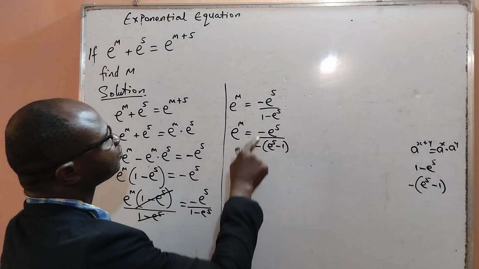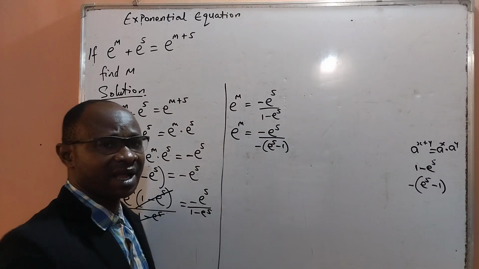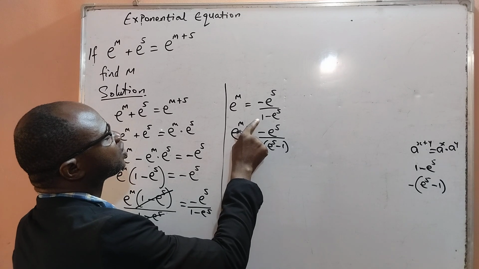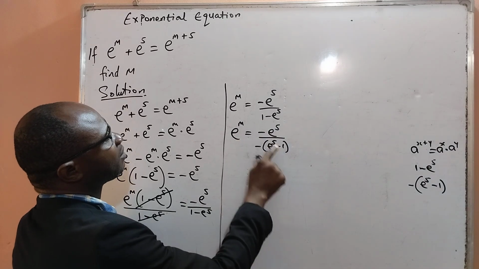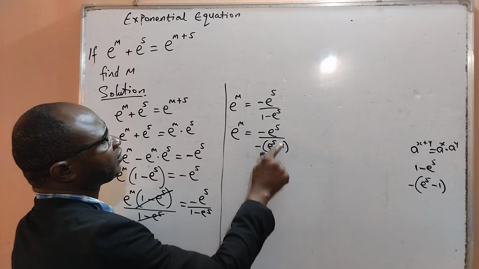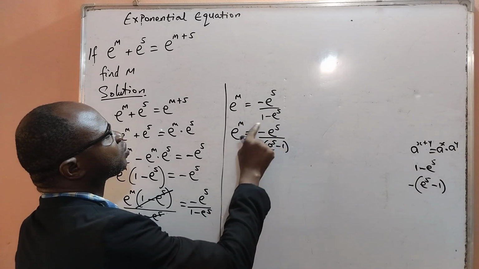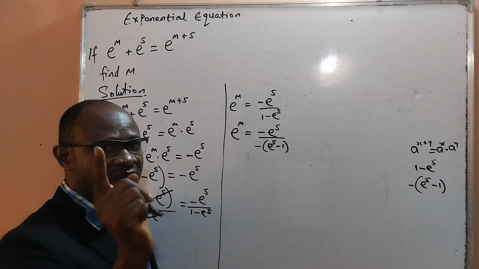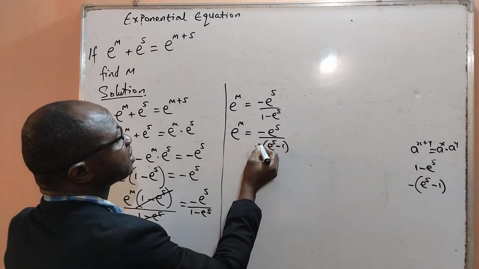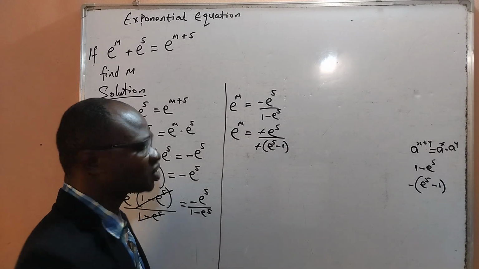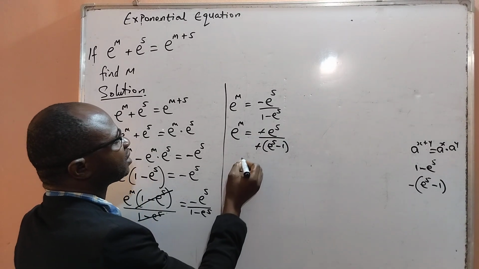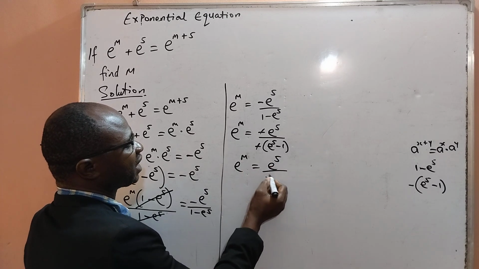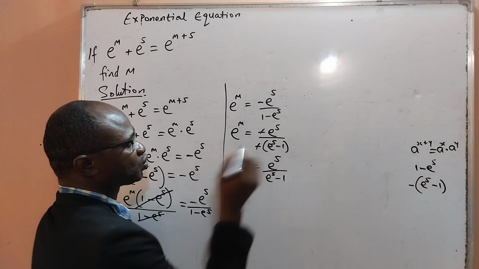What have I done? I multiplied everything at the denominator by a negative sign. So minus 1 times 1 will give me minus 1, and minus 1 times minus e raised to the power 5 will give me plus e raised to the power 5. So the minus can now cancel out the minus. I will have left e raised to the power n equal to e raised to the power 5 all over e raised to the power 5 minus 1.